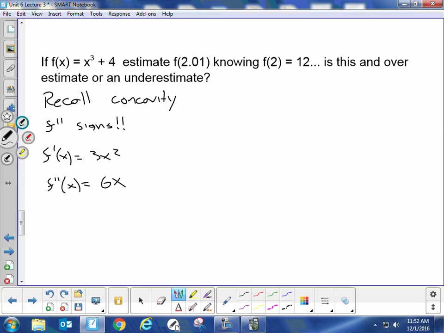We just have to look at the sign of my concavity. I know that f double prime is positive between 2 and 2.01. Right? That's just clear. F double prime is positive to the right of 0 and x is positive. So knowing that, I know that this is concave up on my interval in question.